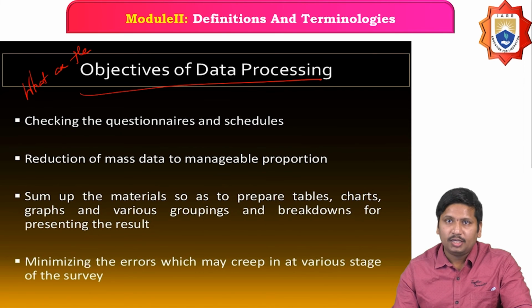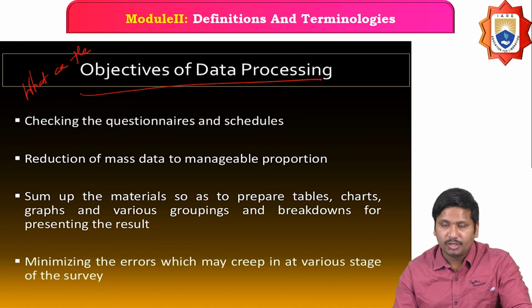First, checking the questionnaires and schedules, then reduction of mass data to a manageable proportion, and summing up the material so as to prepare tables, charts, graphs, and various groupings and breakdowns for presenting the result, and minimizing the errors which may creep in at various stages of the survey.